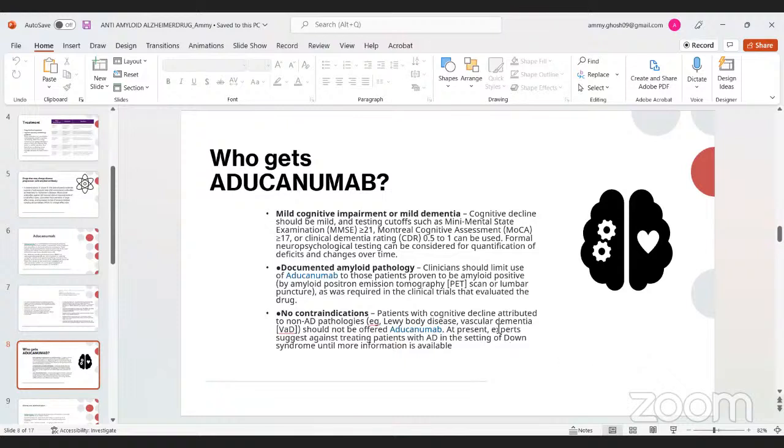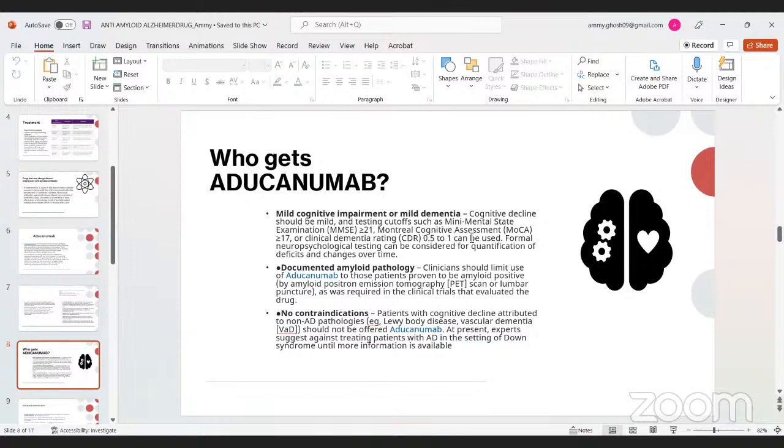So who will get the aducanumab? There are certain criteria we need to follow before we select the patients who will get the medication. For example, we will take the patient who has mild cognitive impairment or mild dementia. So cognitive decline should be mild, and testing cutoffs such as MMSE score should be more than 21.